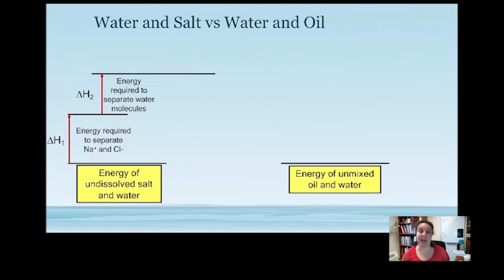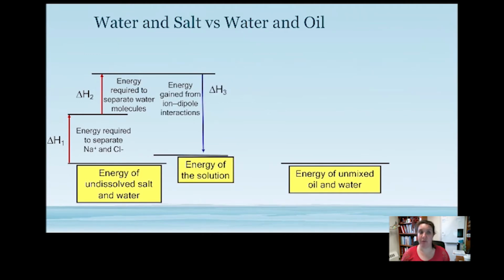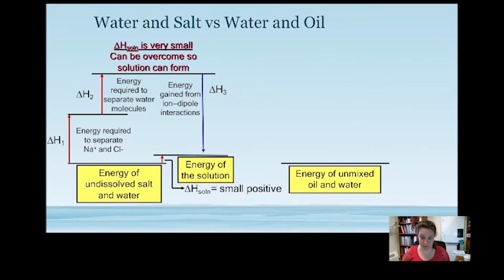After that, we are going to make ion-dipole interactions, and that is going to be highly exothermic. But overall, when we dissolve salt, or sodium chloride, in water, this is actually an endothermic process. So it's a little bit of energy that's required. If you make salt water, you actually feel it get a little bit cold. But since this is so small, we can overcome this with entropy. So we will still make this solution.